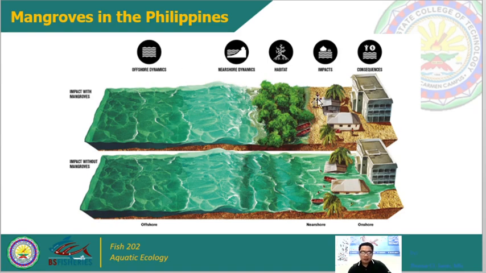So this is basically a result of mangrove sustainability. So tanan maapektahan. As I have said before, these are all connected, no? So ang dynamics sa nearshore, daghan kaya sila ang diversity ani grabe na kadaghan compare sa ani. Ang habitat, of course, diverse because of mangroves.